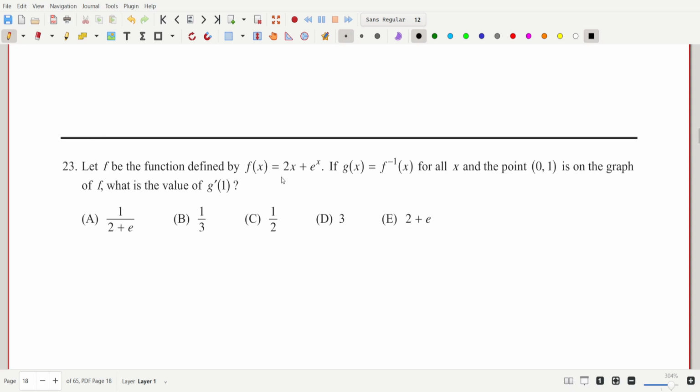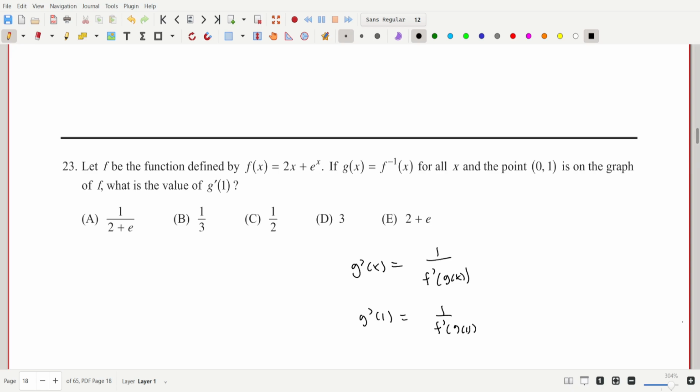Let f be the function defined by whatever. If g is f inverse, you gotta know the inverse function rule. So the rule is g prime of x is 1 over f prime of g of x. So g prime of 1 is going to be 1 over f prime of g of 1.